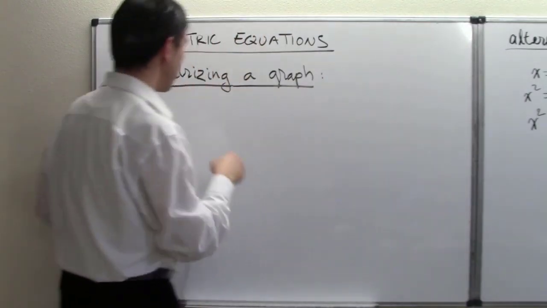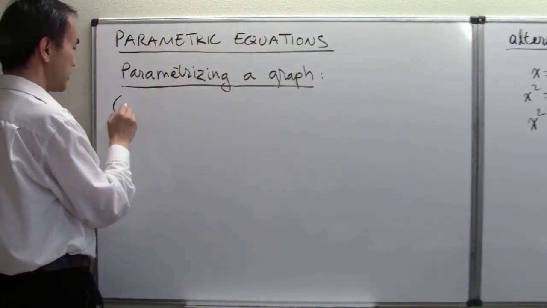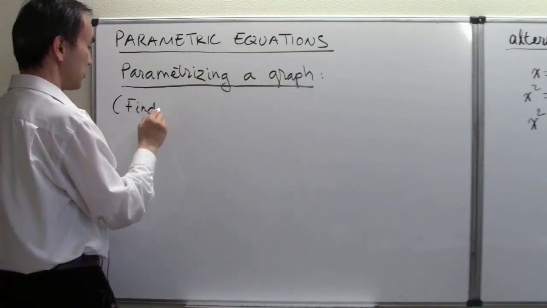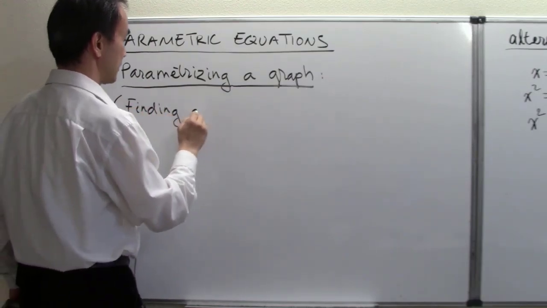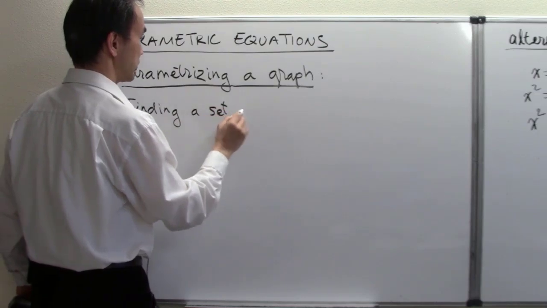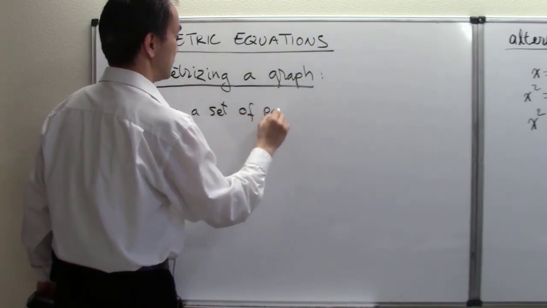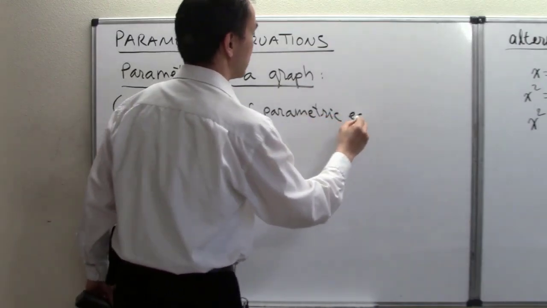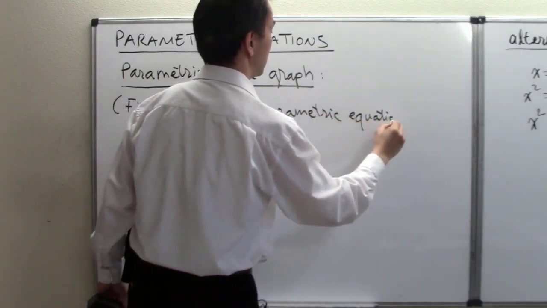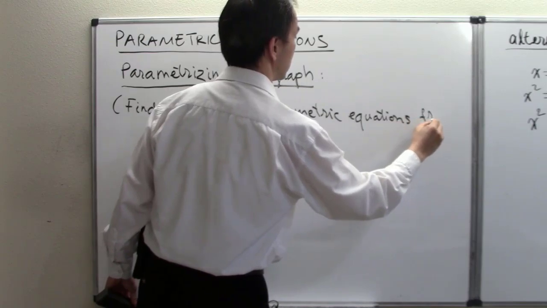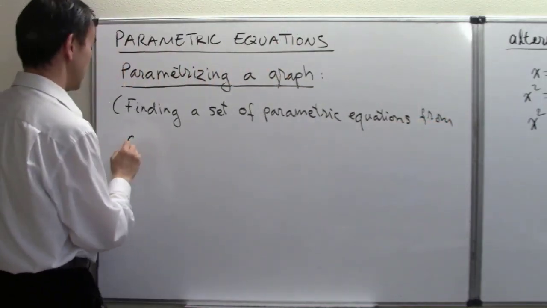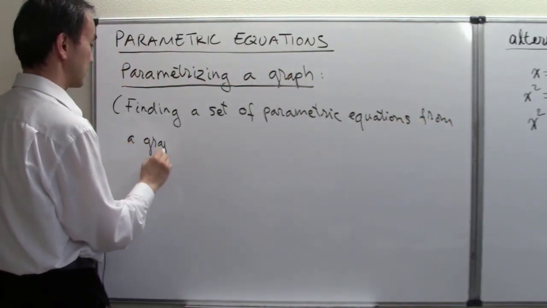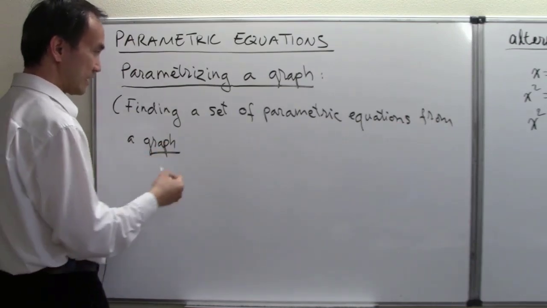What it means here is we want to be finding a set of parametric equations from a graph.